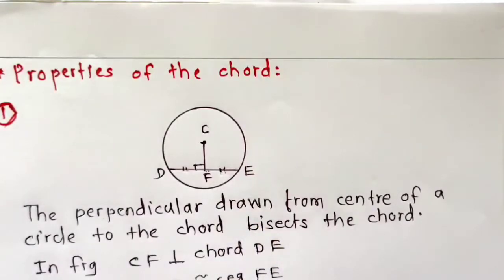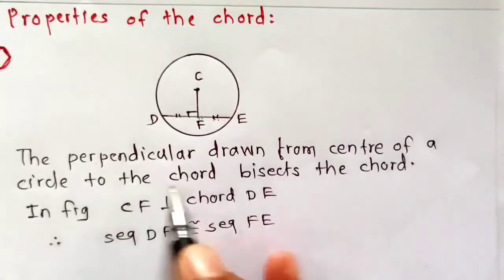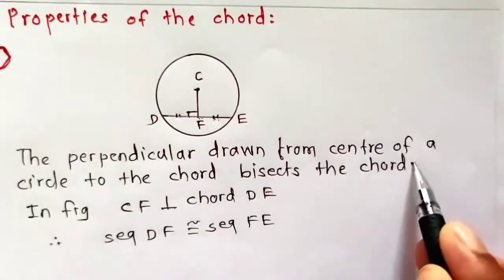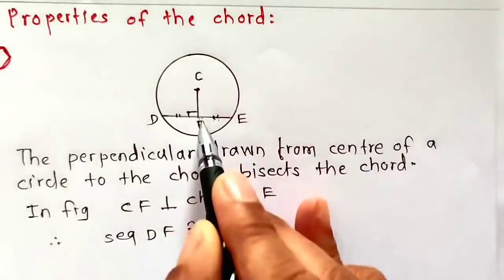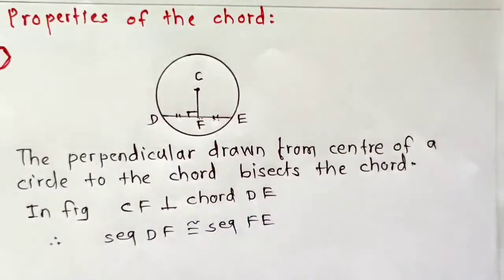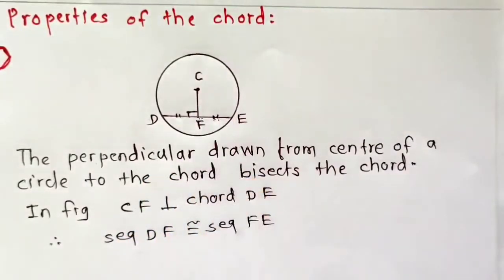That means the perpendicular drawn from the center of a circle to the chord bisects the chord. So in this figure, CF is perpendicular to chord DE, therefore segment DF is equal to segment FE. That is the property we already studied in 8th standard.